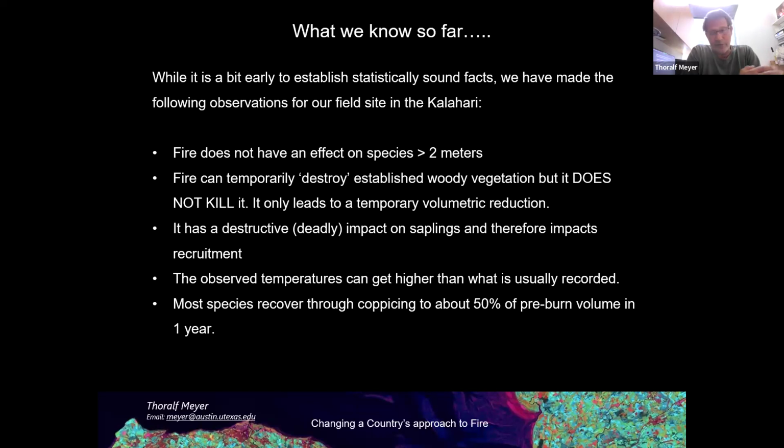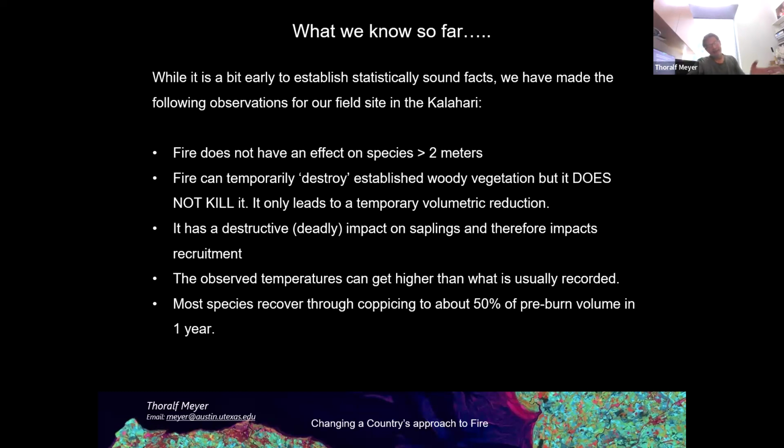So first of all, we figured out that trees are largely unaffected, because the main driver, the fuel continuation, is driven by the occurrence of grasses, and grasses are never higher than knee high, let's put it that way. And this also leads to a point where vegetation that's larger than that is essentially not affected by fire at all. But it kills a lot of saplings, so it does have an effect on regrowth.